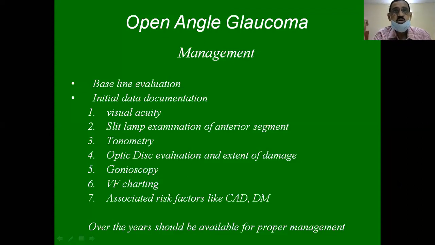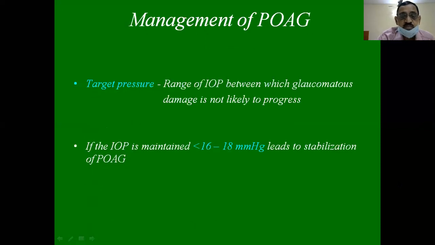Gonioscopy at least will have to be done once in 2 years to assess whether an open angle is going to a closed angle. Visual field charting, normally we do it every 6 months. Associated risk factors like coronary artery disease and diabetes mellitus, if they are present, we have to find out. Over the years, this documentation should be available for proper management.